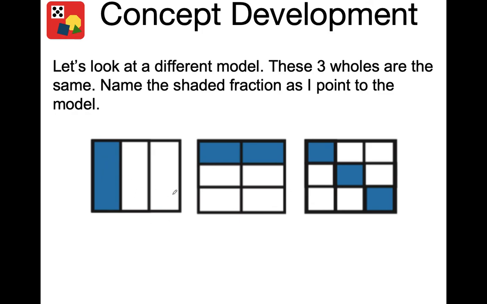So for this first fraction, we're naming what is shaded, and this would be 1, 2, 3. 1 out of 3 is 1/3. Now, I know that most of you should be taking notes. If you can, draw this same picture.